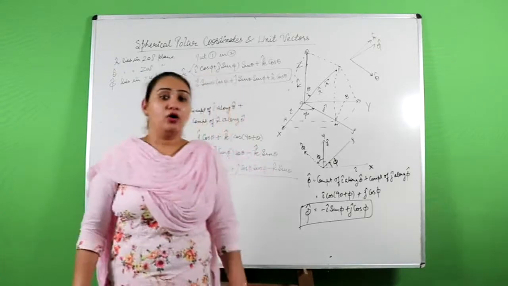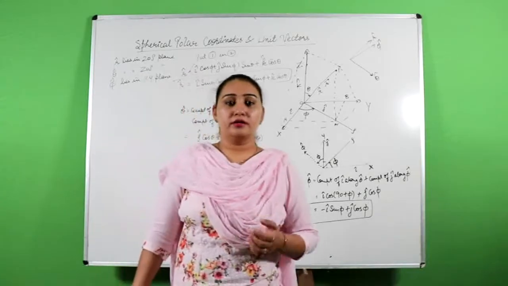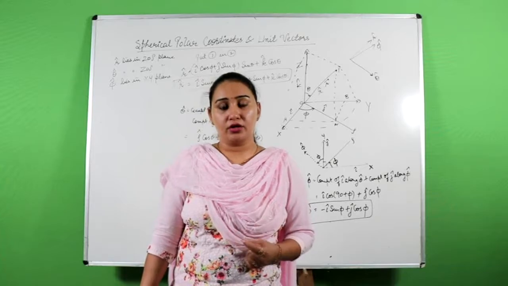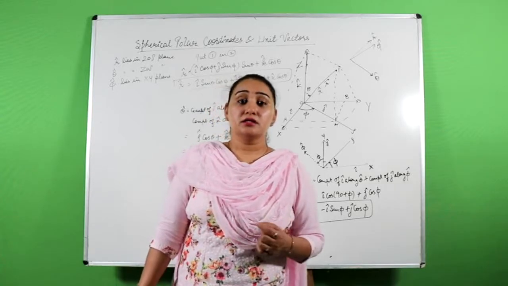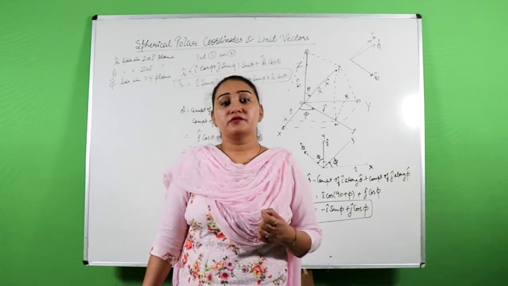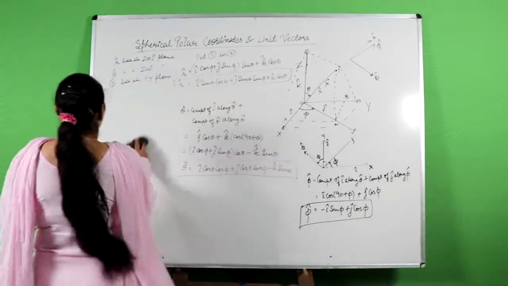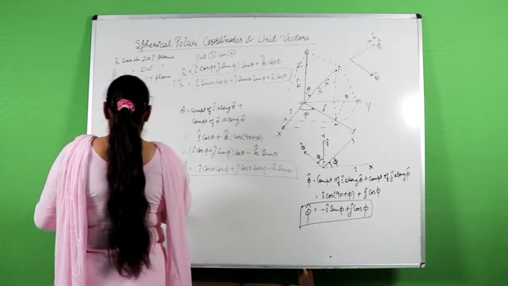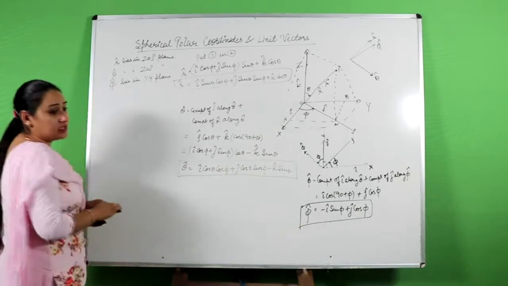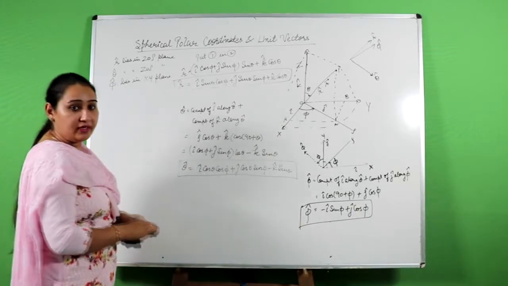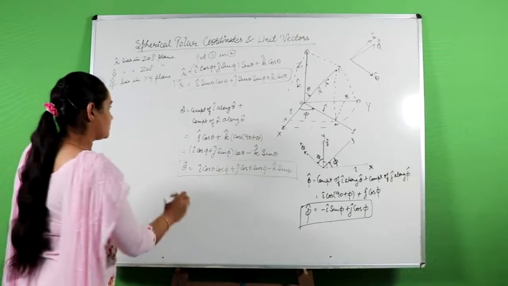Now we have studied the property of spherical polar coordinates, that all the unit vectors of spherical polar coordinates are orthogonal to each other. What does it mean? We can prove it either with the dot product or with the cross product.